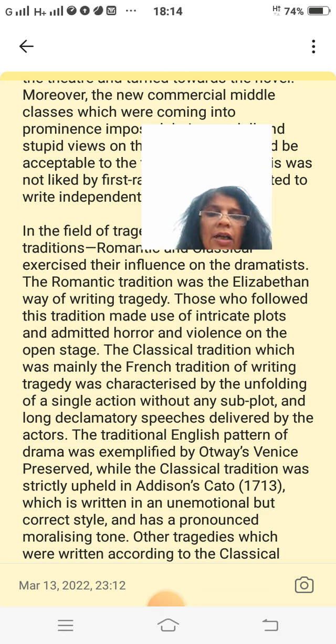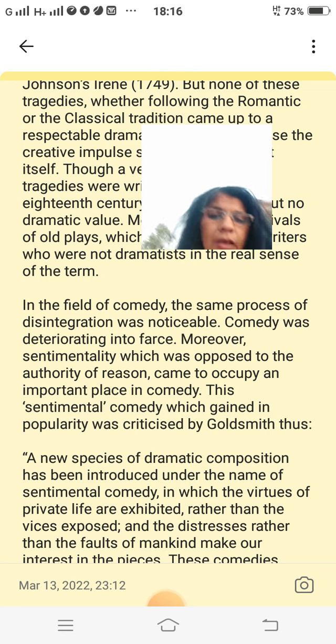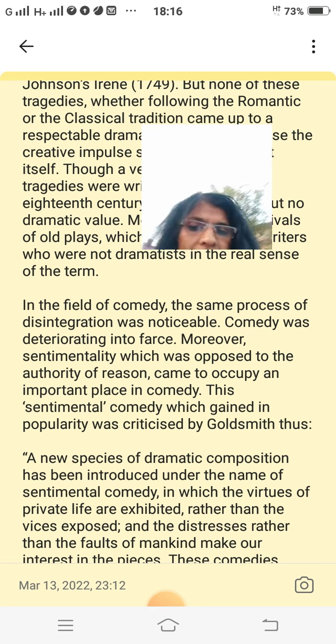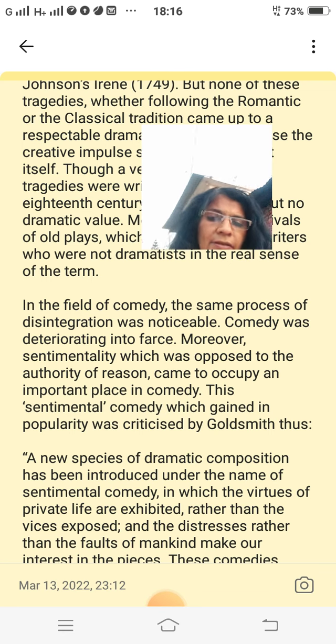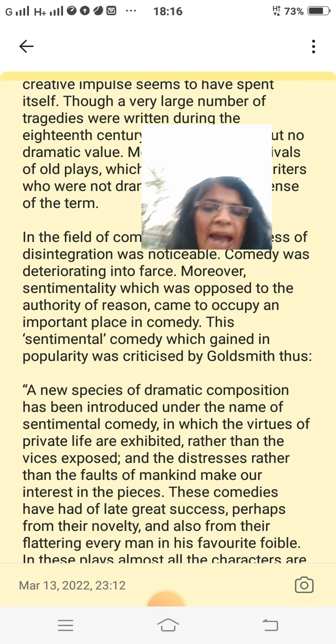was criticized by Goldsmith. Thus, a new species of dramatic composition has been introduced under the name of sentimental comedy, in which the virtues of private life are exhibited rather than the vices exposed, and the distresses rather than the faults of mankind make our interest in the pieces.